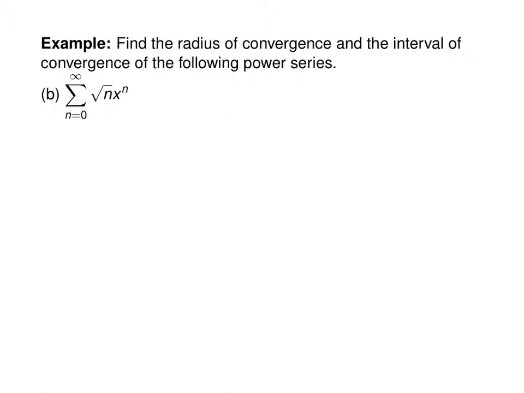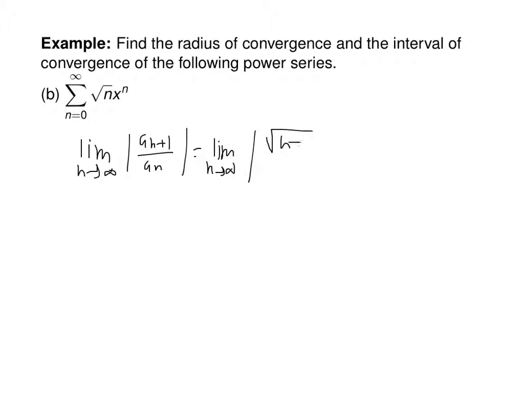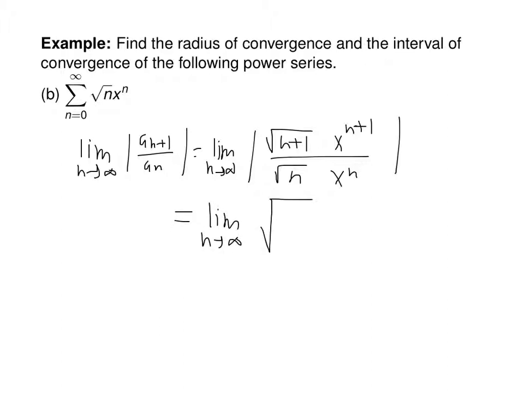Right, next we have root n times x to the n. So we'll find the limit as n goes to infinity of a_(n+1) over a_n. That will be root n plus 1 times x to the n plus 1 over root n times x to the n, which is the limit as n goes to infinity of the root of n plus 1 over n times the absolute value of x.